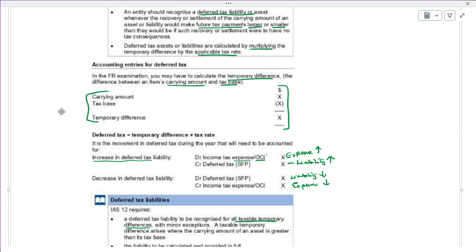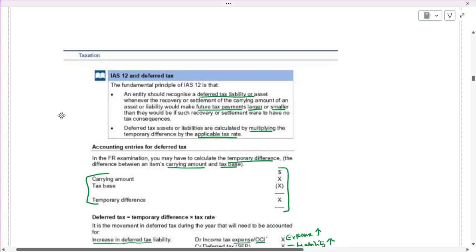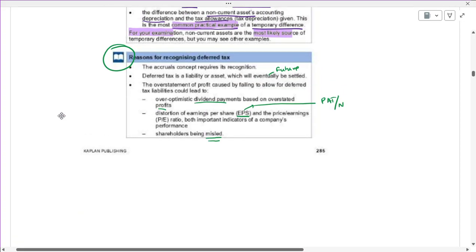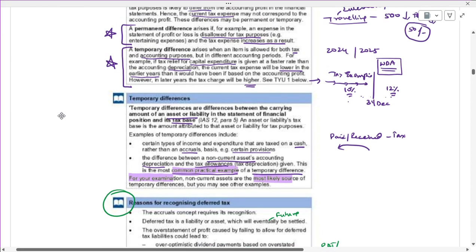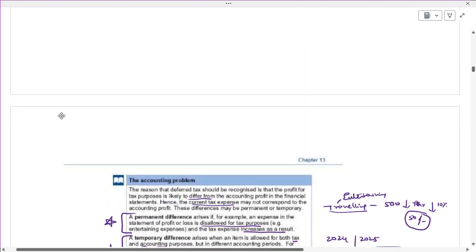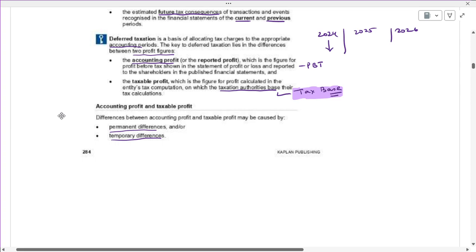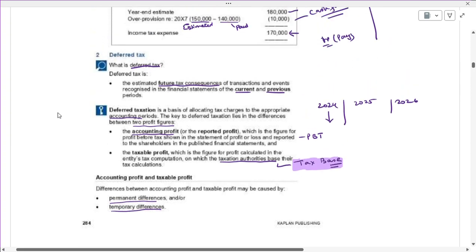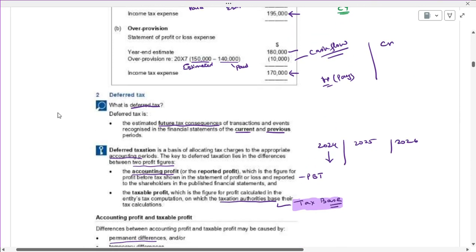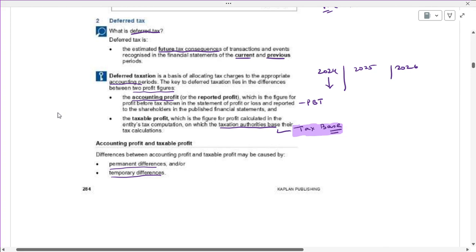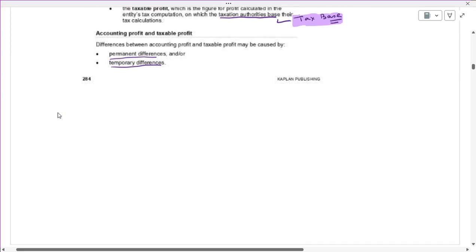And what is the tax base? Where have you written tax base? Deferred tax, taxation authority.